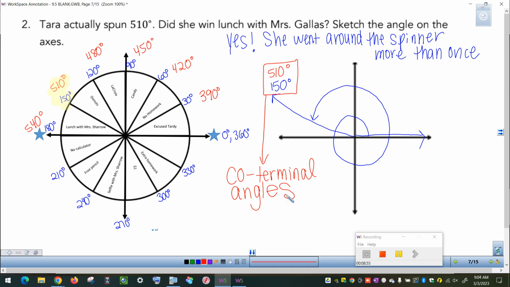If you are co-parenting, you are sharing the parenting responsibilities. If angles are coterminal, they are sharing the same terminal side. The only difference is, well, how many times did I have to go around the circle to get to that side?